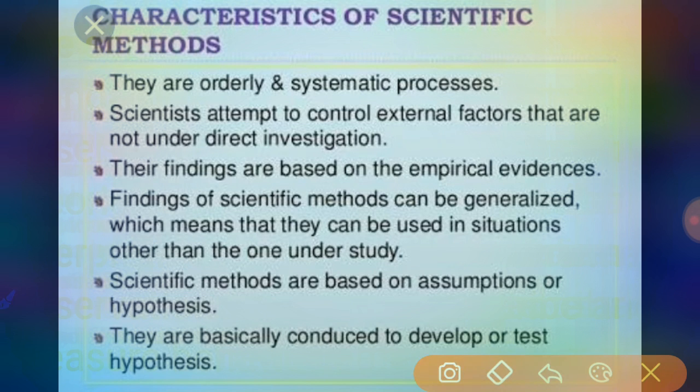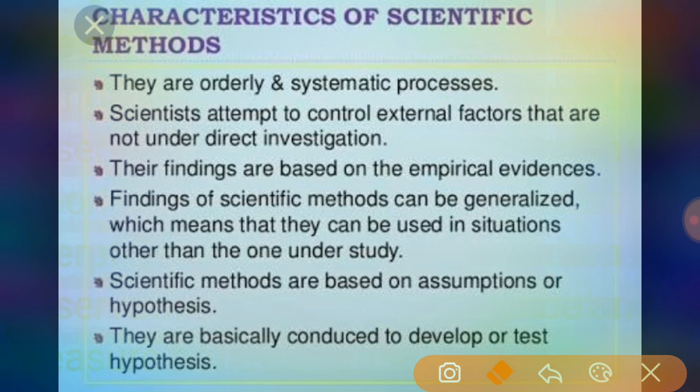The second one is that the researcher attempts to control the external factors that are not under investigation. Controlling the external factors means controlling the extraneous variables that do not come under our study. The researcher should control those kinds of external factors.